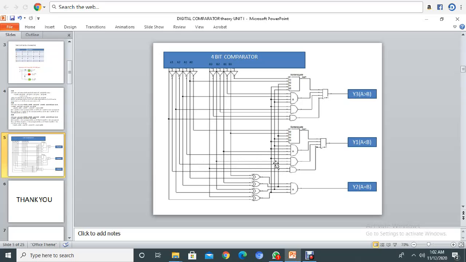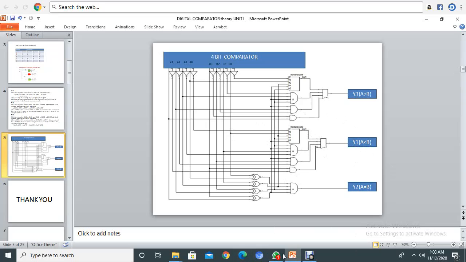Next X3 X2 A1 bar B1. Here X3 is connected, X2 is connected, X1 is connected, then A0 bar B0. Okay, so it gives Y1, A is less than B.